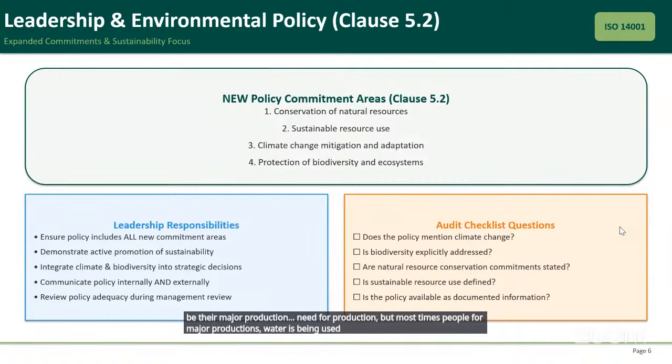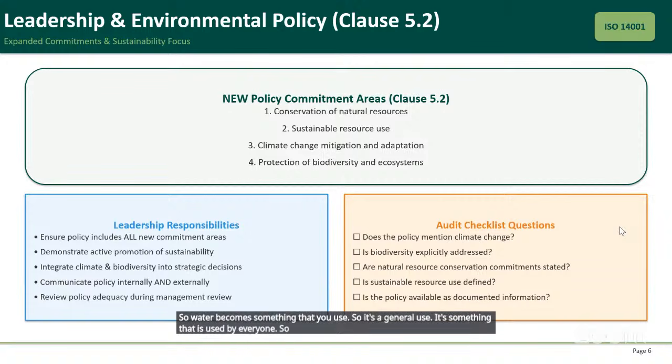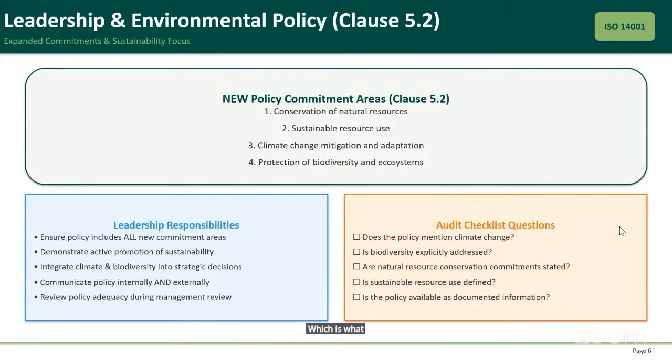Even if you are in the banking sector, your staff make use of water, in the bathroom and in some of the things that they do. So water becomes something that you use. It's a general use. Natural resources are used by everyone. So you should include it: conserving natural resources, sustainable resource use, climate change mitigation and adaptation, the protection of biodiversity and ecosystems, which you should also consider if it applies to you when you are developing your policy.